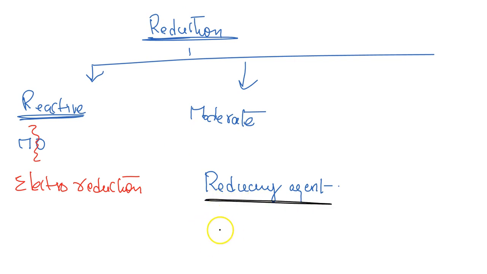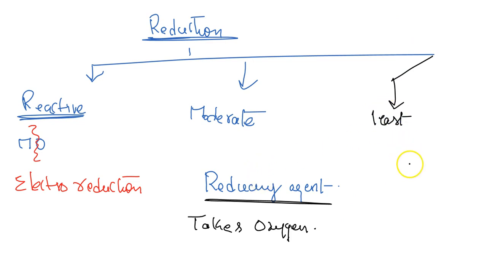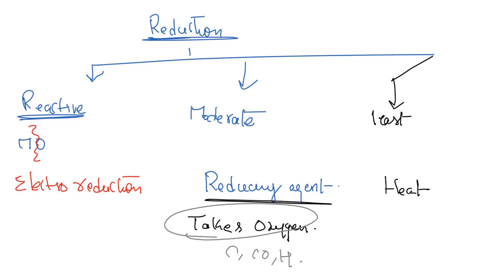Reducing agent is something which can absorb oxygen, which can take oxygen from the other molecules. It takes oxygen from other molecules. Now, if you are talking about the metals which are least reactive, like mercury and all, you can simply heat them. Heating will remove oxygen. And one more thing, examples of reducing agents that we commonly use: carbon monoxide, hydrogen.